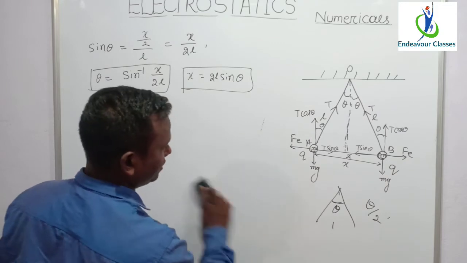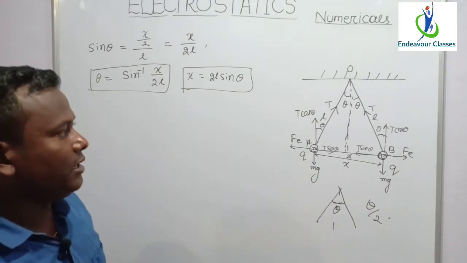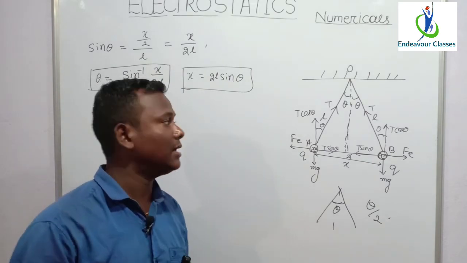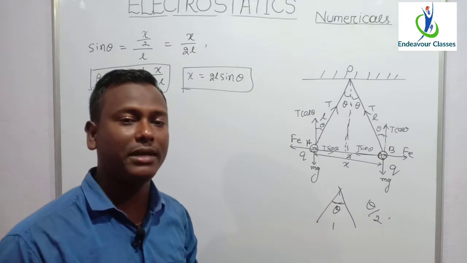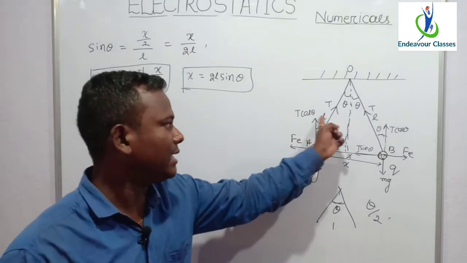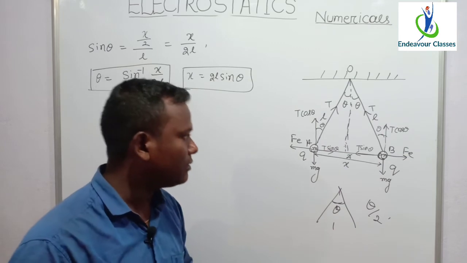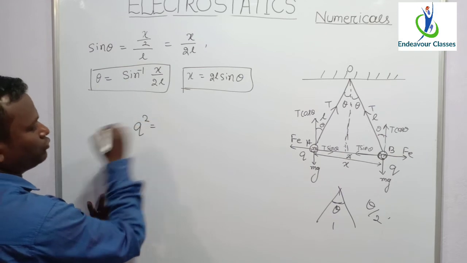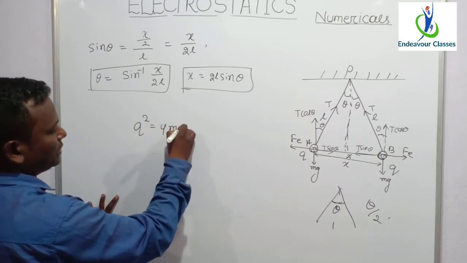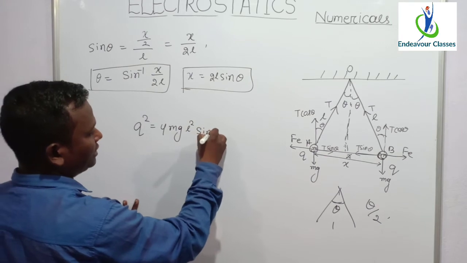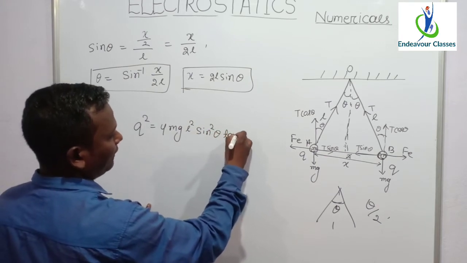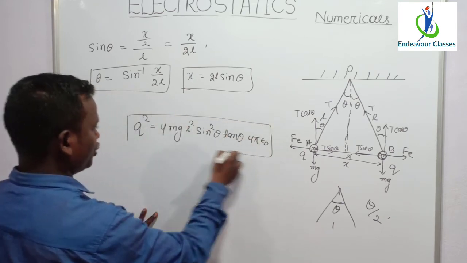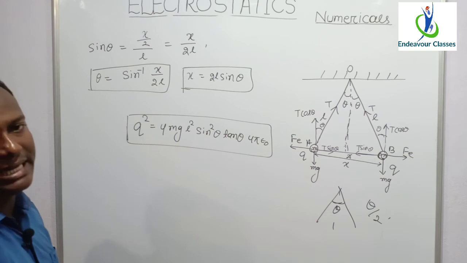If two equal charges q having equal mass m are hanging from a rigid support by means of two strings of length L, then prove that q square will be equal to 4 mg L square sin square theta tan theta into 4 pi epsilon naught. This is a very frequently asked question, and quite an easy one.